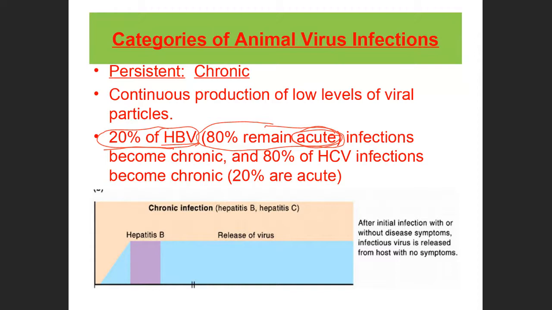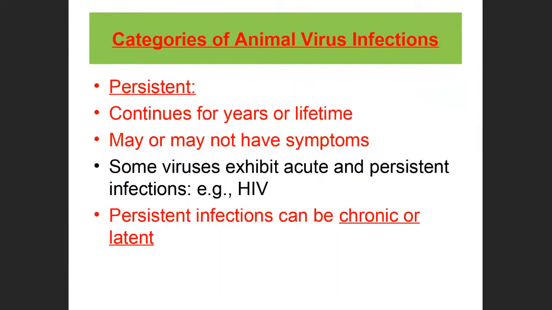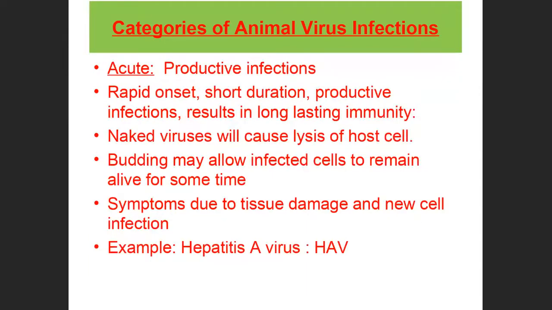Just remember that most of the time, by far, it will cause an acute infection. On the other hand, hepatitis C is exactly the opposite. 80% of the time you end up with a chronic infection, 20% of the time an acute infection. So both hepatitis B and C are considered chronic hepatitis, versus A, which was an acute hepatitis.